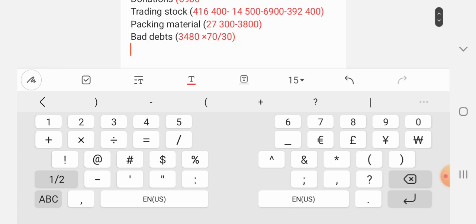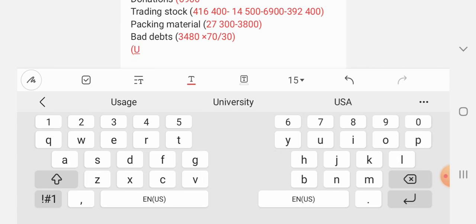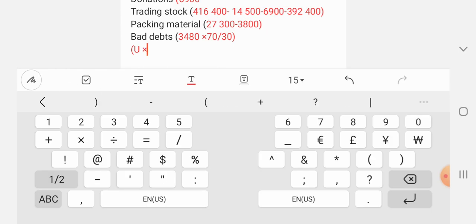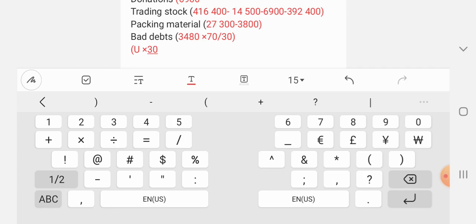The other calculation, I'll just show it here. You can say x times, they are the same. Let's not use x, let's use u. Let's use u times 30 divided by 100.